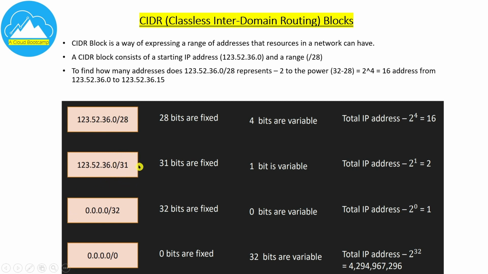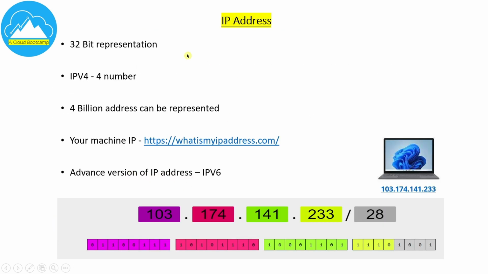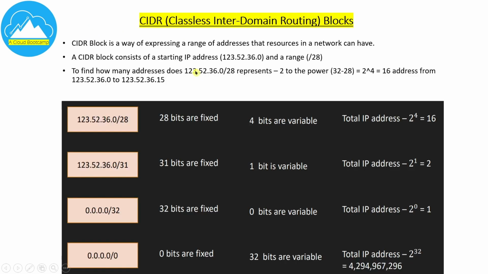So if you want to take another example, 123.52.36.0/31, and as I mentioned, we have a 32-bit representation for IPv4 addresses. Here we have mentioned 31, so that means 31 bits are fixed, and 32 minus 31 is 1 bit which is variable, and the total IP addresses is 2 to the power 1, which is 2.